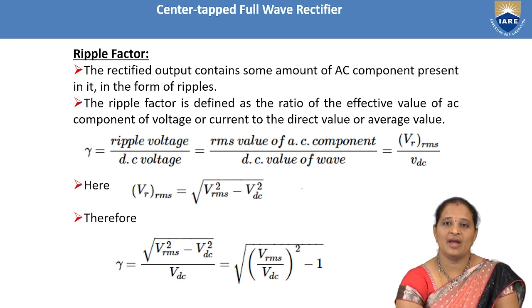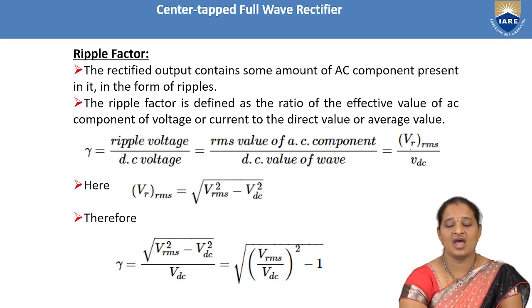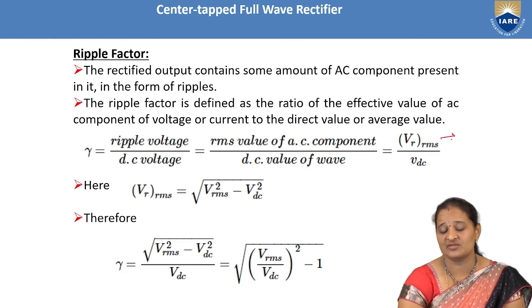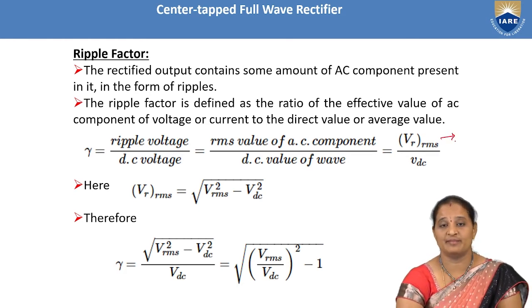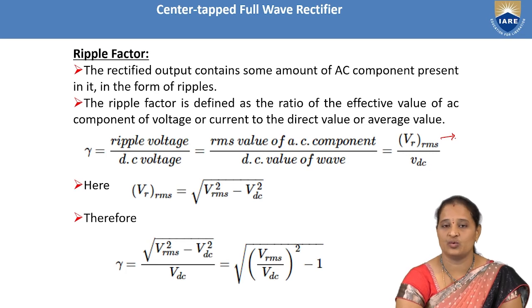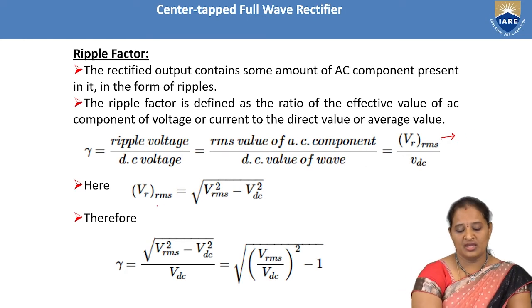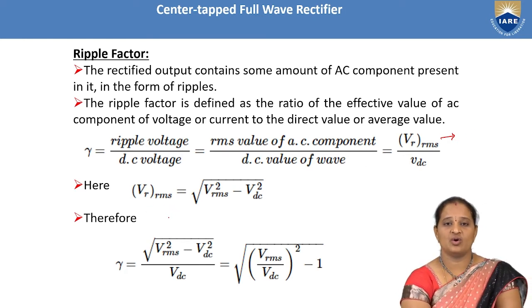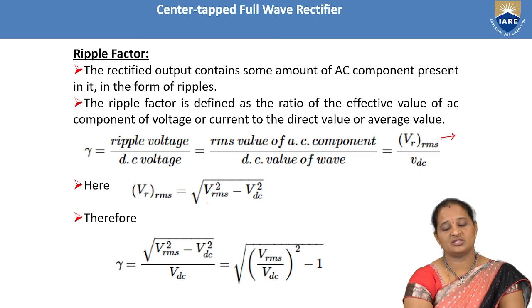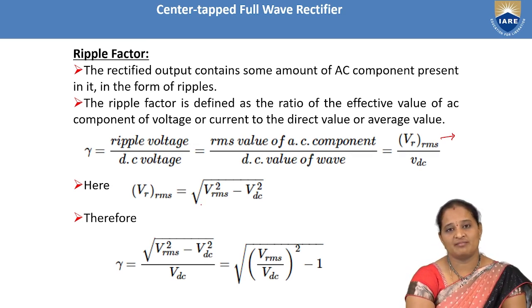VrRMS divided by VDC, where VrRMS represents the RMS value of the ripple voltage. Ripple voltage is nothing but the AC voltage present in the output of the rectifier. Here VrRMS can be found simply by subtracting the average value from the RMS value.